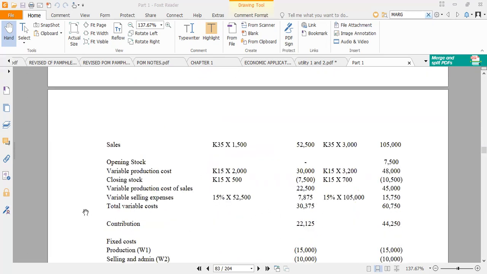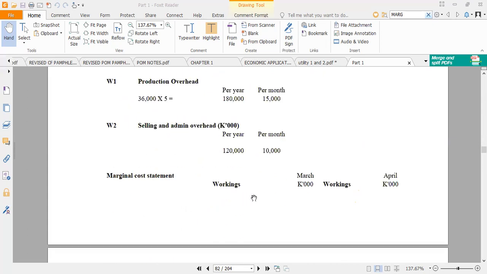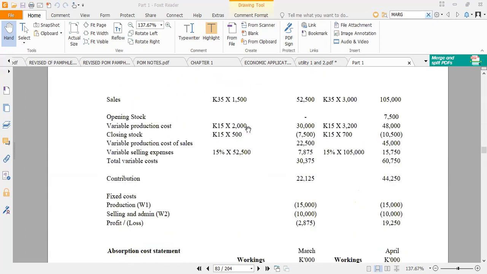Then closing stock is 15 times 500. The 500 is because we produced 2,000 and sold 1,500, which gives 7,500. We are closing it.